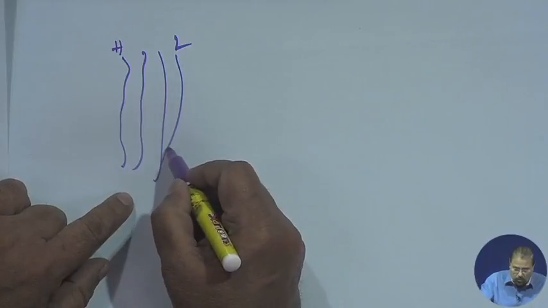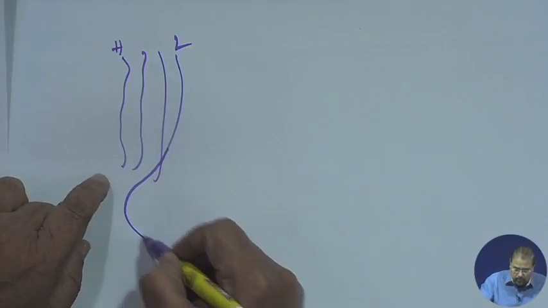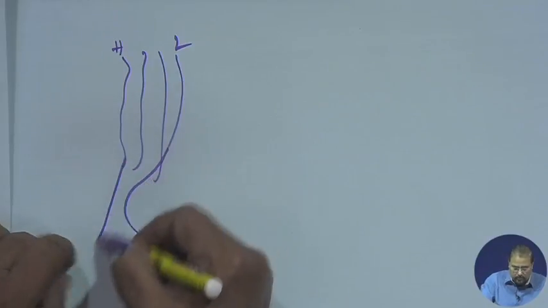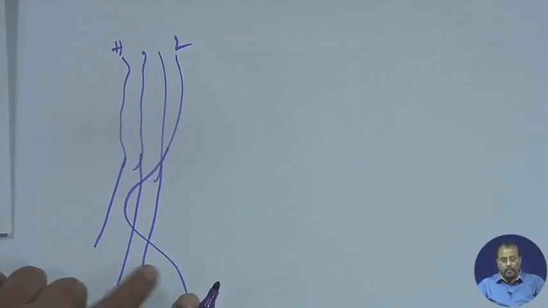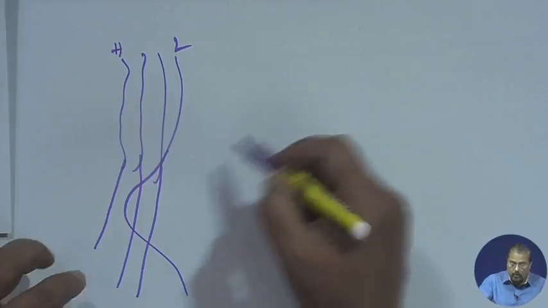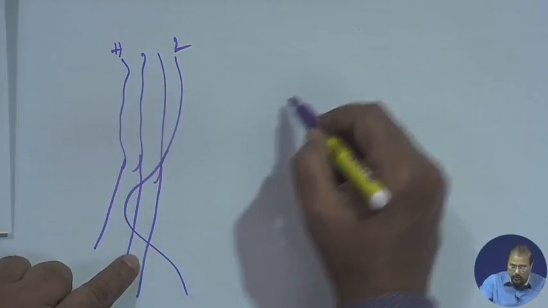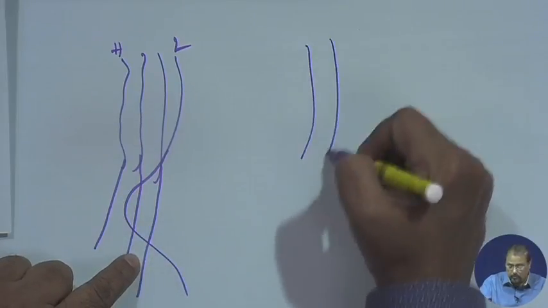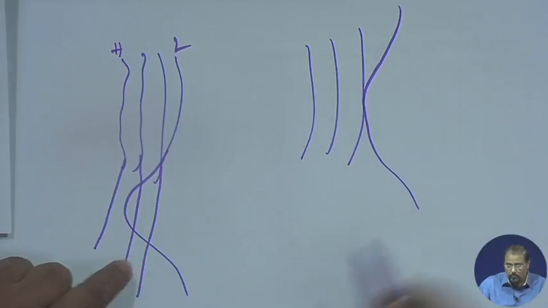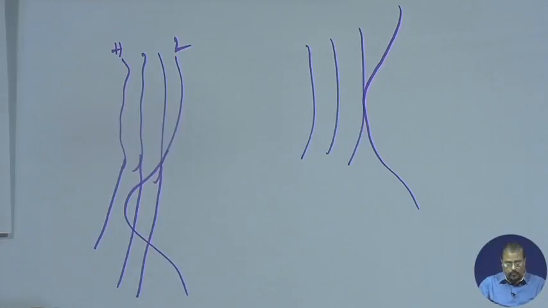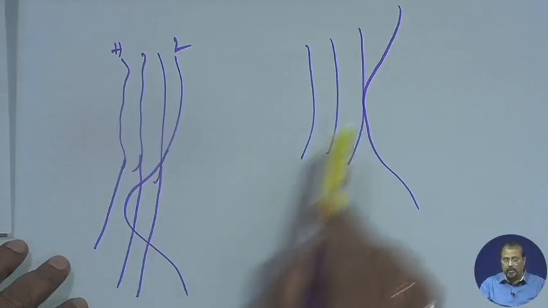Suppose this contour line has gone in and came out like this, then it is contrary to what we are saying in general: the contour lines don't cross, don't merge. Here the contour line has crossed. I am drawing another example. Here the contour line is merged. Actually, unless there is a mistake, this should not happen.